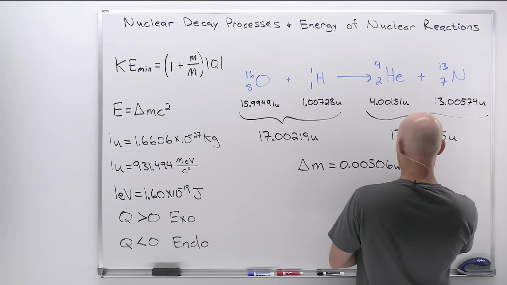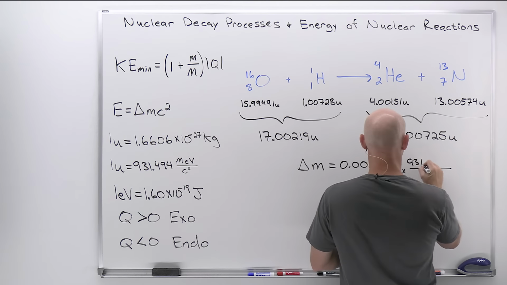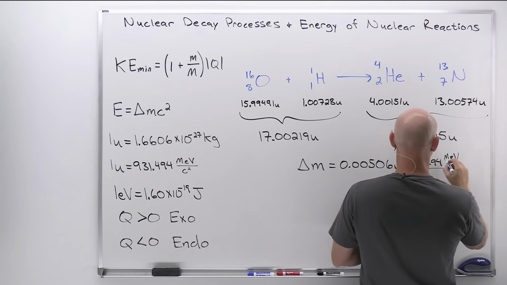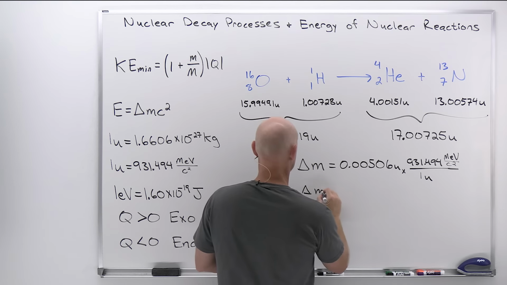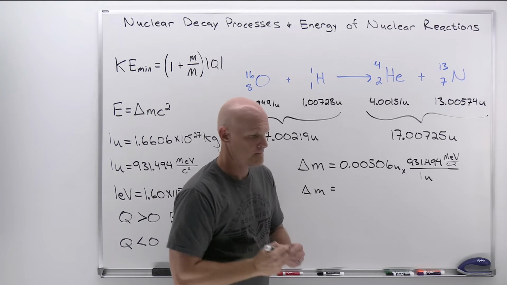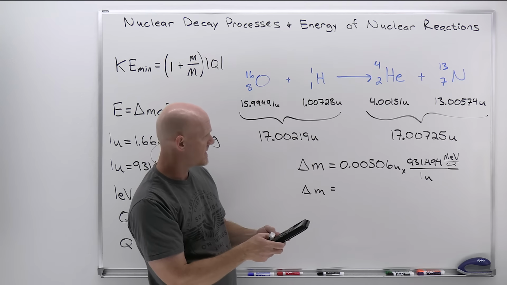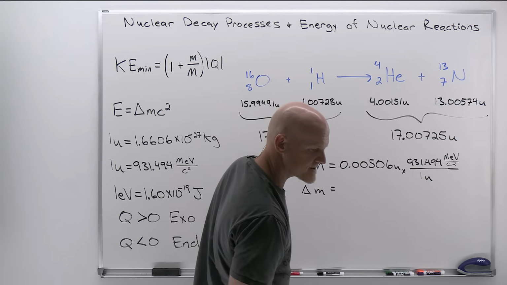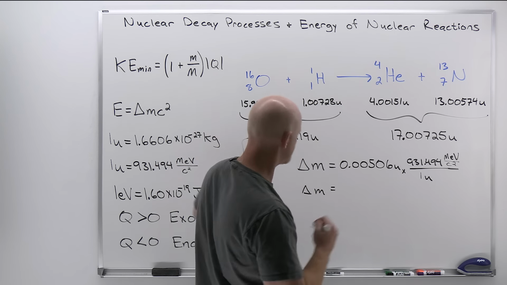And so in this case, we're going to have 1 U on the bottom, and then 931.494 mega electron volts per c squared. And so we'll take our 0.00506 times 931.494, and to several decimal places here, get 4.71336.